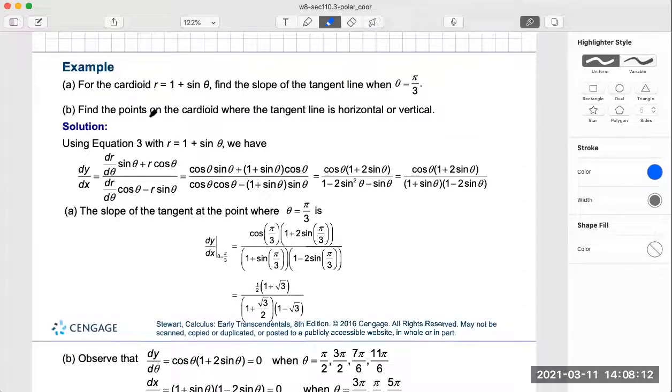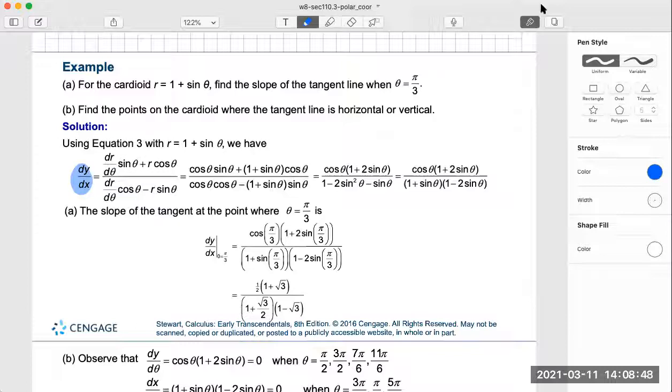Okay, given the equation here, the cardioid equation, r is equal to 1 plus sine theta. We plotted that curve already. And find the slope of this tangent line when theta is equal to pi over 3. What we need to do is to write the tangent formula down here, right? It is this form, put everything we know here.